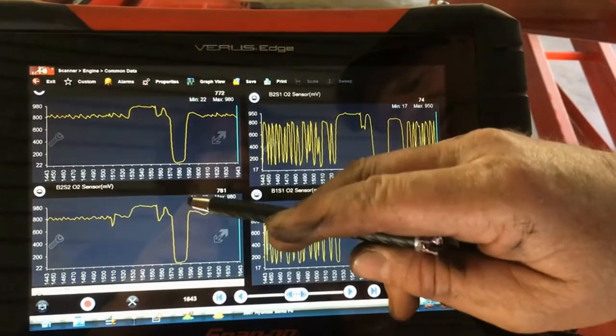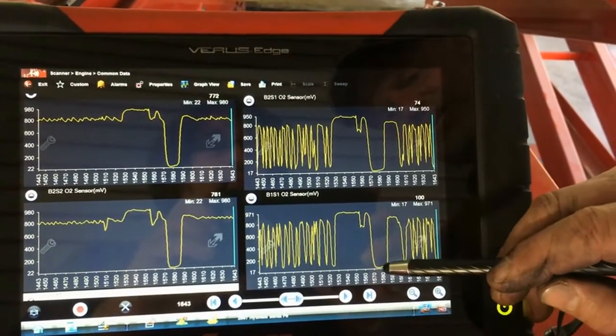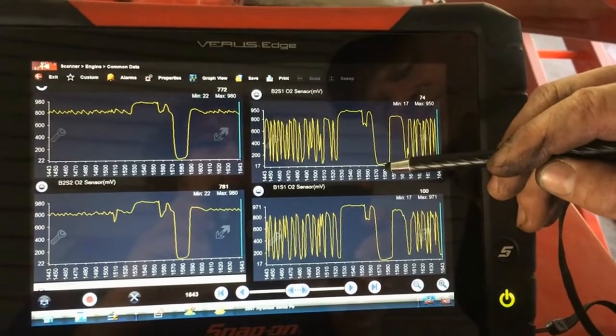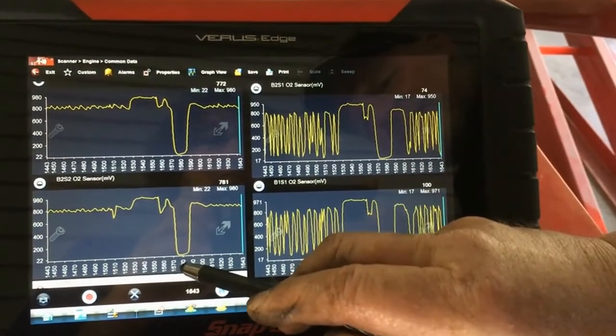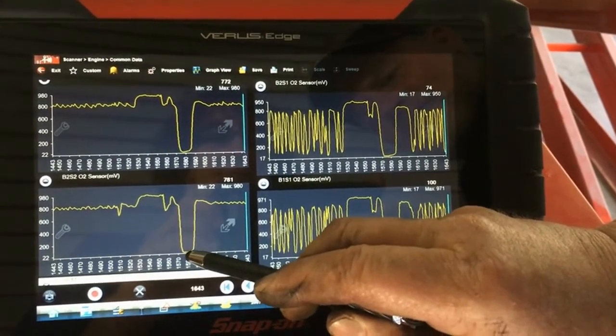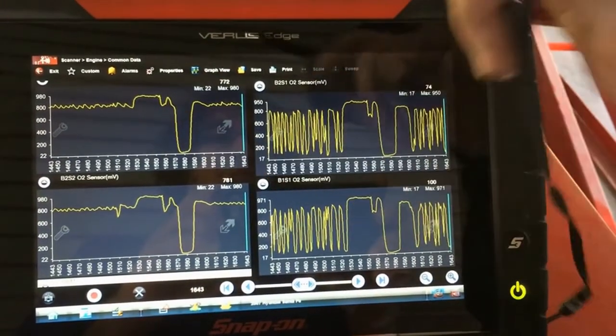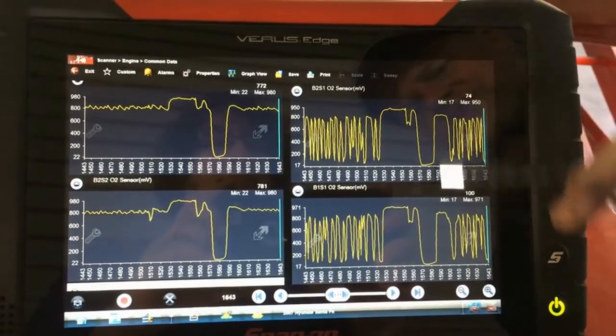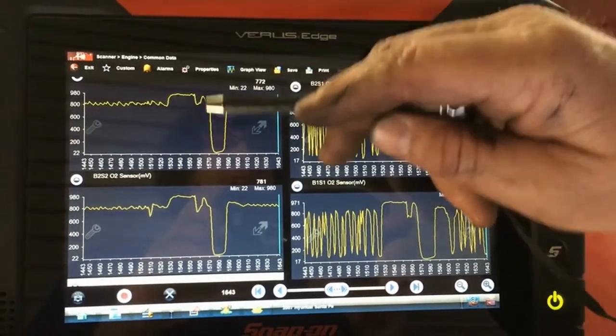We should see a little delay, and we do. This one's sitting right at 1570 time-wise, and you'll see we're a little delayed here. What I really like about this graph is that these two sensors are mirror images.